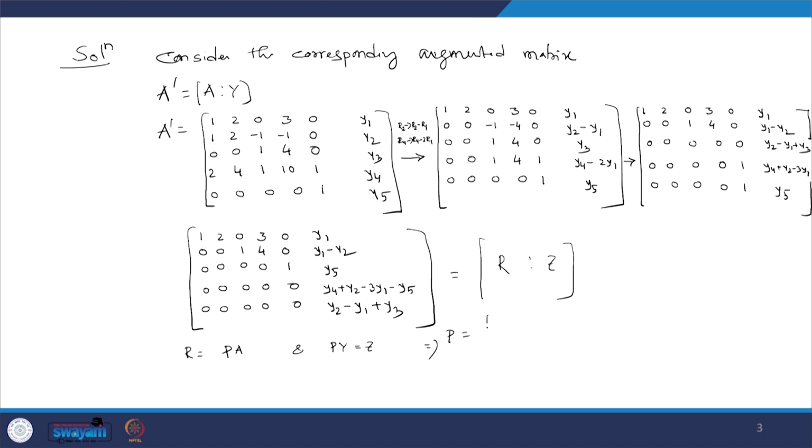So, P will be here 1 0 0 0 0, second row will be 1 minus 1, because we have to check the coefficients of y1, y2, y3, y4, y5. The coefficient of y3 is 0, so it is 0, similarly like this, and then 0 0 0 0 1, fourth row will be minus 3 1 0 1 and minus 1.